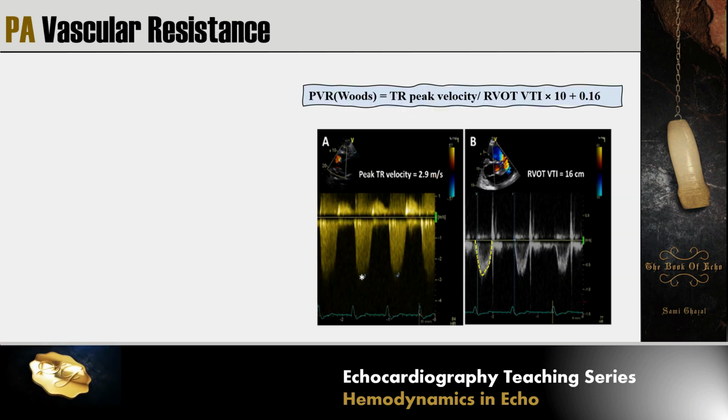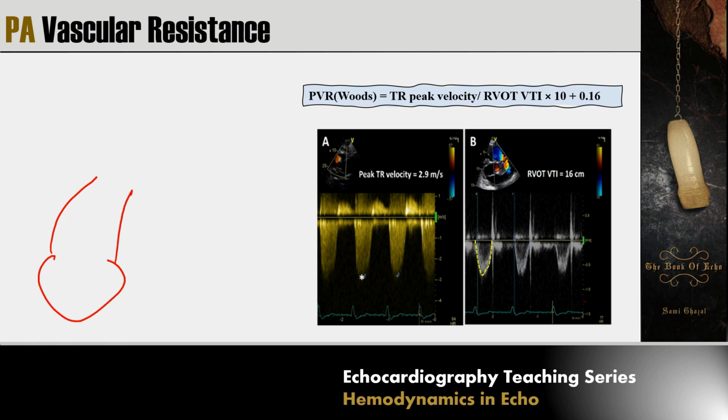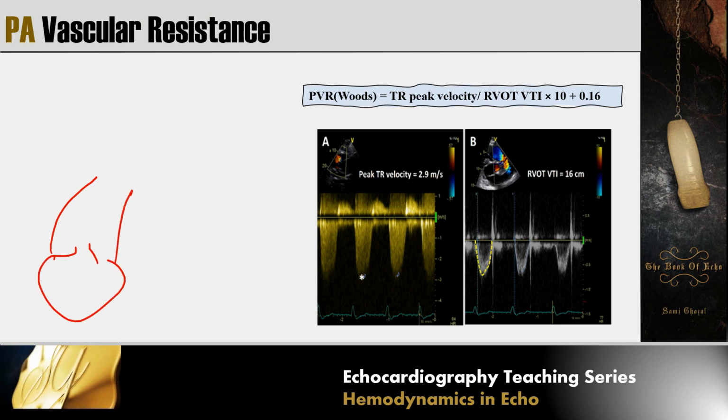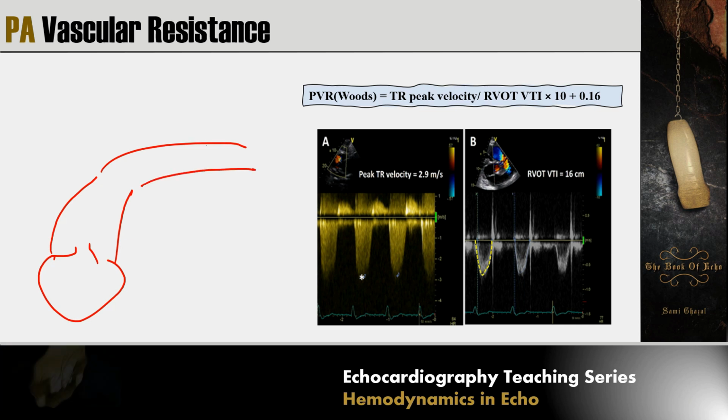Pulmonary artery vascular resistance can be very important, particularly in the indication and contraindication of shunt closure like an ASD or VSD. The way to do it in echocardiography, first we have to understand the theory behind it. So if this is the RV here, and this is the RA, and this is the tricuspid valve, and this is the pulmonary artery, and this is the pulmonic valve here.